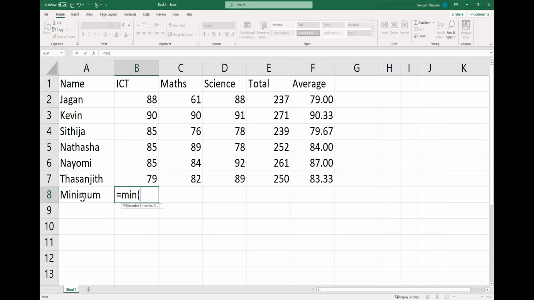Then I can list the minimum of the ICT marks for Jagan, Kevin, Sijia, Natasha, Naomi, Tasanjit, and so on. So you can say B2, B3, B4, B5, B6, B7. You can do that. But we know that when you have consecutive values like this, you can simply mention the beginning, that is B2 colon, and then B7.